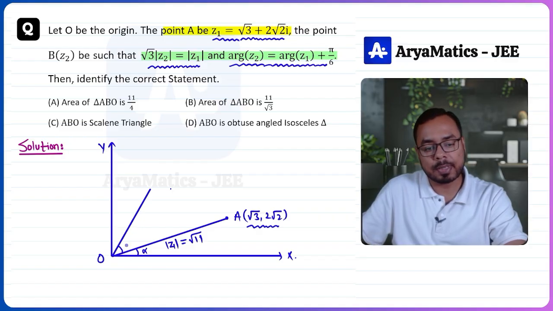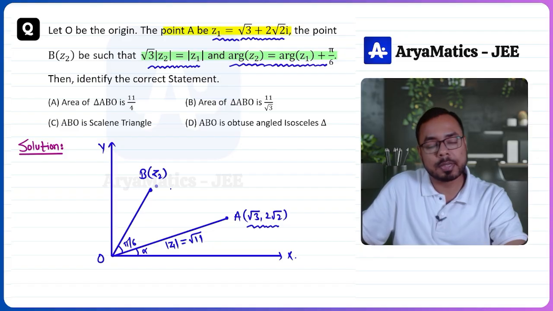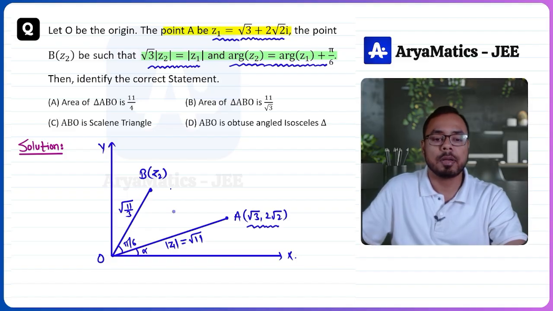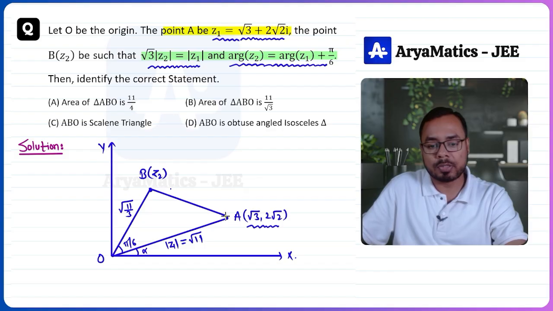That means this angle has to be pi by 6. Right, this angle will be pi by 6. And here we have this point B representing the complex number Z2. And modulus of Z2 is nothing but modulus of Z1 by root 3. Mod Z1 is root 11, so that means this length will be root 11 by root 3. Right. Now we are getting this triangle, O is origin and we have this triangle AOB.